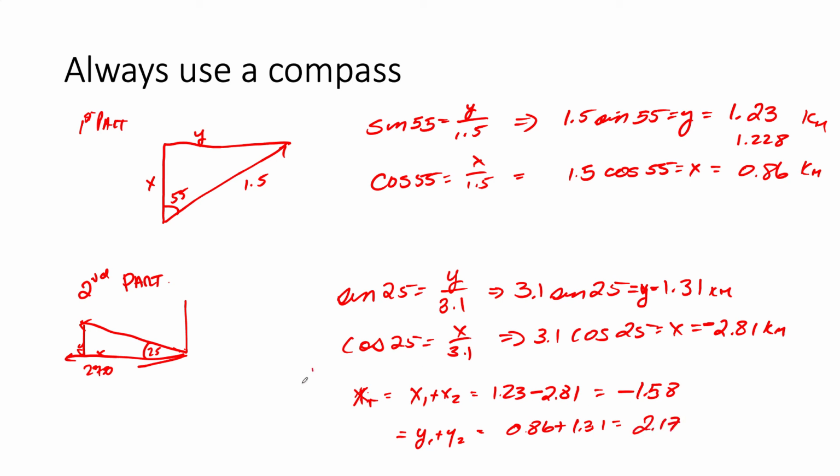And that's going to give me, so my vector is going to go up 2.17, and to the left 1.58. And here's my angle here. So I'm going to figure out what this angle is going west of north, and what my final resultant is.